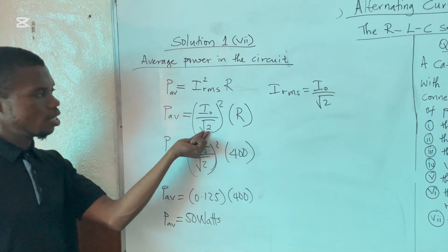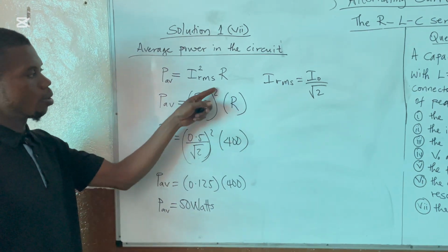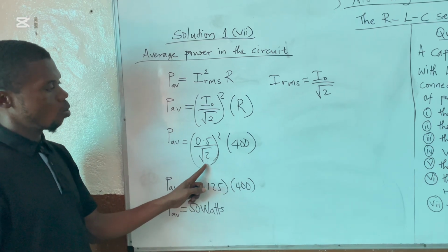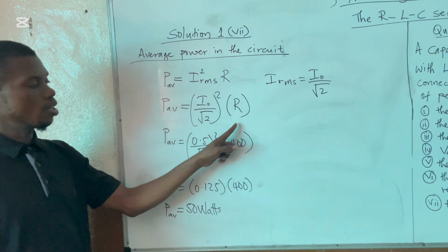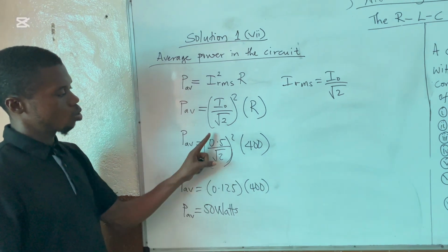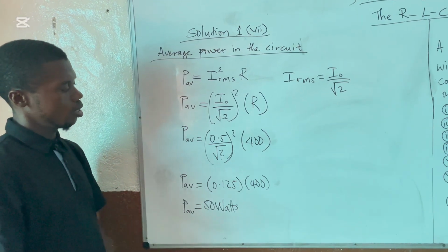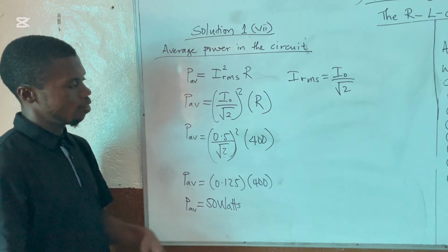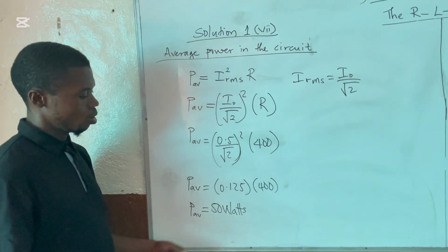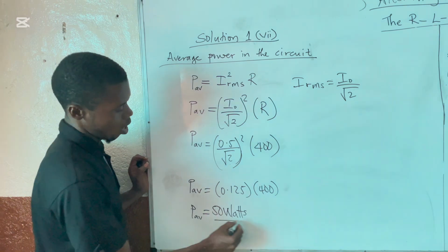So we insert that here and square it. The current is 0.5 over the root of 2, the resistance is 400. If we square this part, we get 0.125, and multiplying this by 400, the answer to the question is 50 watts.